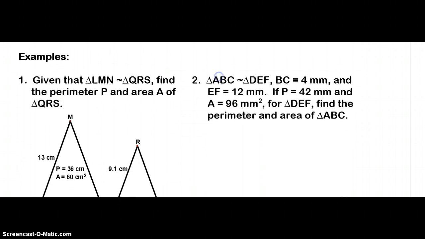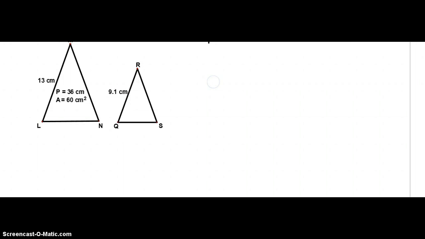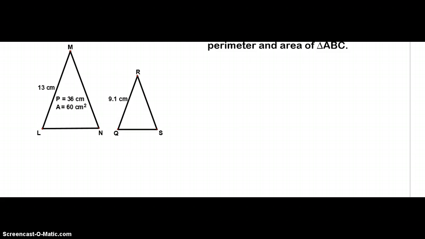Okay. So let's look at what that looks like in the problem. Given that triangle LMN is similar to triangle QRS, find the perimeter P and the area of triangle QRS. Looking at these two triangles, we can tell right away that the similarity ratio, I'm going to write that over here, sim ratio is 13 over 9.1, which means that the perimeter ratio is the same thing, 13 over 9.1.